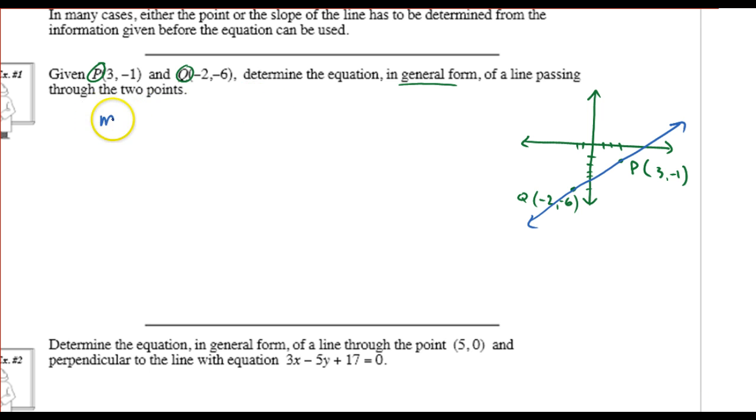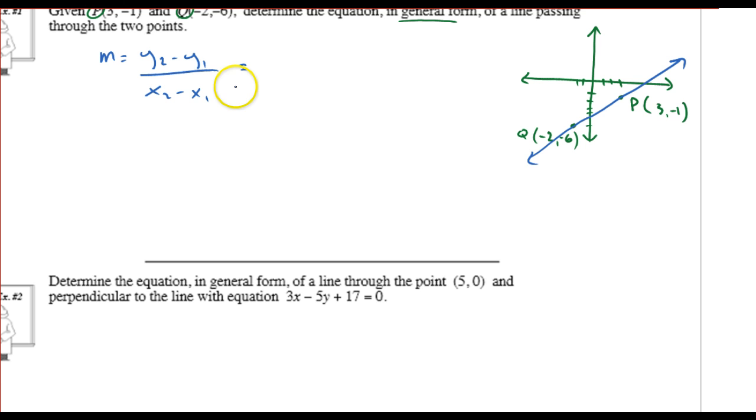Well, the slope is just m equals y2 minus y1 over x2 minus x1. All right, and then just go ahead and fill in. I'll make this the second one, make this the first one. So that's going to be y2 is going to be -1 minus, oh, I made a mistake there.